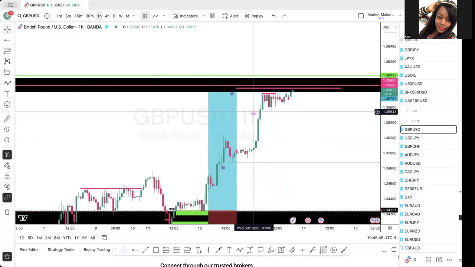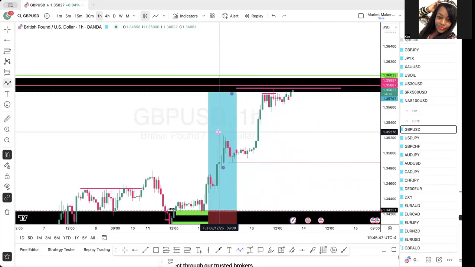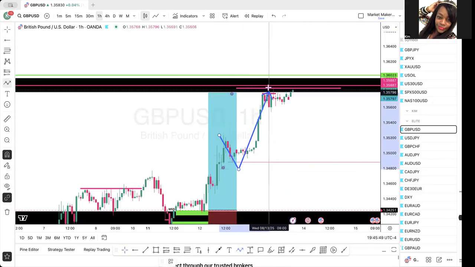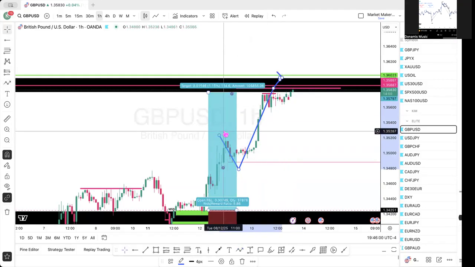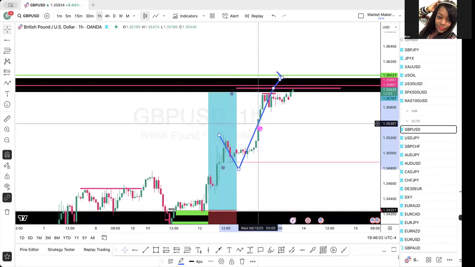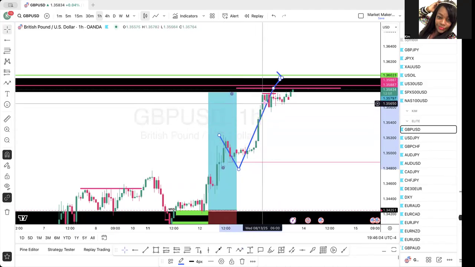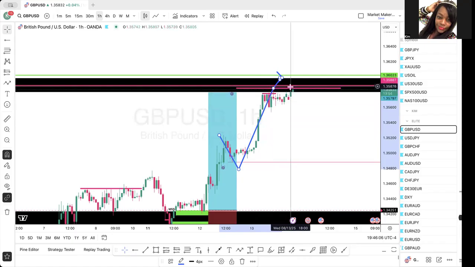Currently it's still bullish, right? We're here, and we're here. Internally there's no pullbacks, there's nothing in there. So we just have to wait for price to show us what it wants to do.